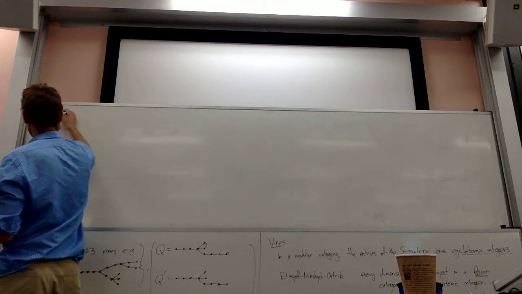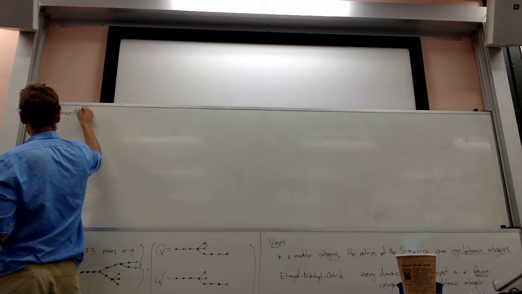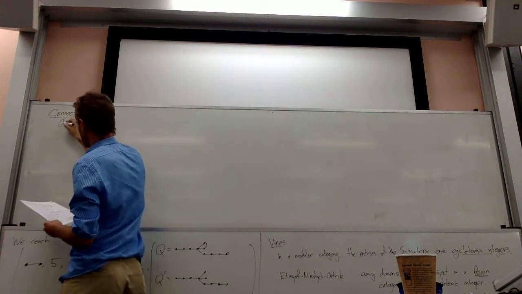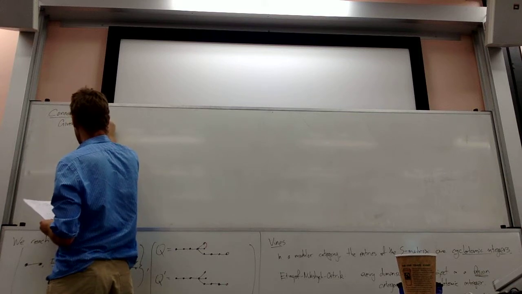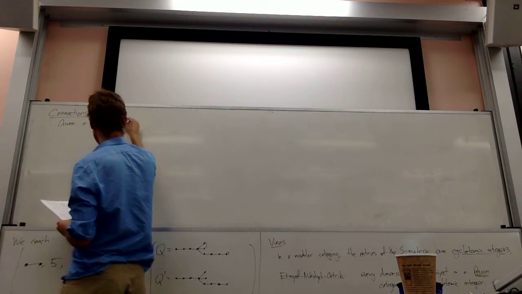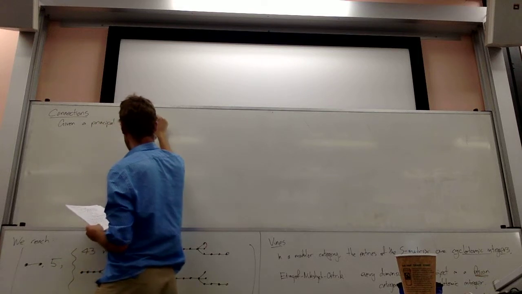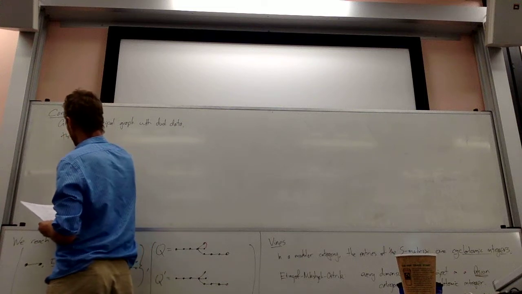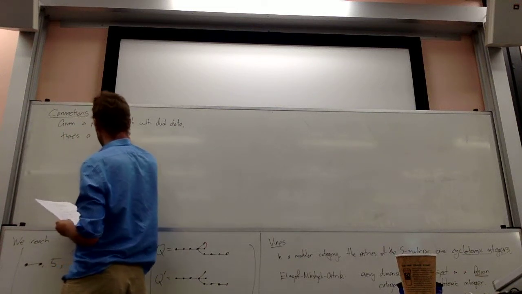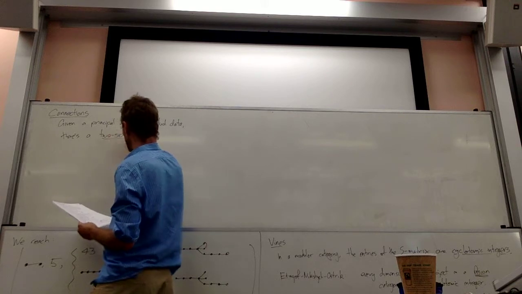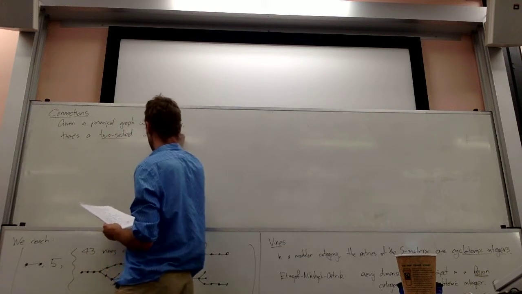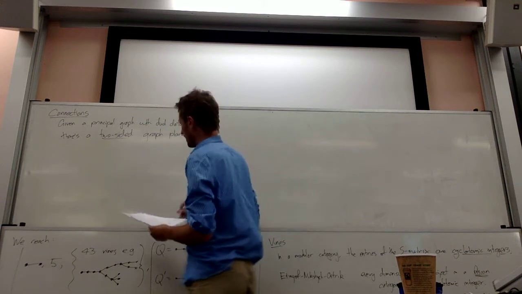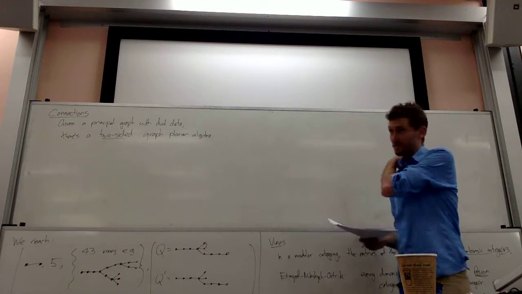Okay, so let's talk about connections for a little. Okay. So given a principal graph with all that dual data, there's something even fancier than that graph planar algebra we talked about, called a 2-sided graph planar algebra. So this is not a planar algebra in the sense that we had before.